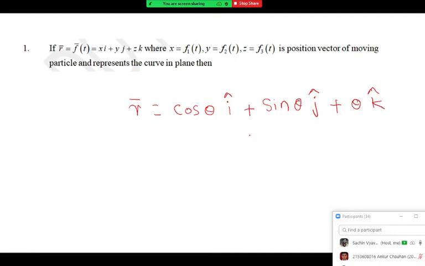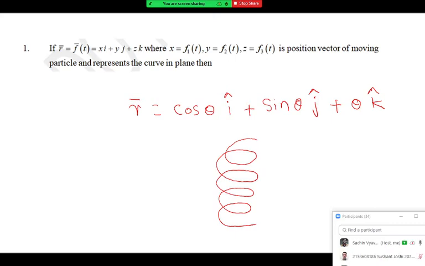So this curve will look like this. It is just like a spring. It is a 3D curve, three-dimensional. You know any other name for this curve?